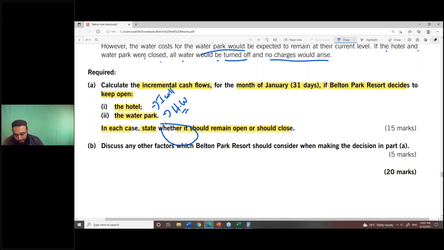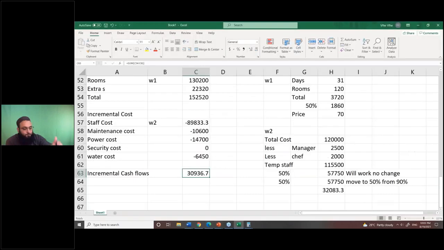So it should remain open when it comes to the hotel. For water parks, you will decide and let me know. But for the hotel, it's clear that it should remain open, because the numbers are saying that definitely it is useful. Okay, got it? Now let's take up your questions.